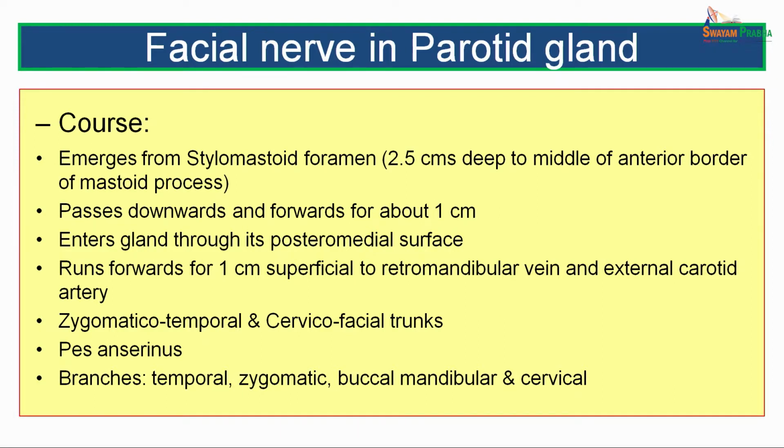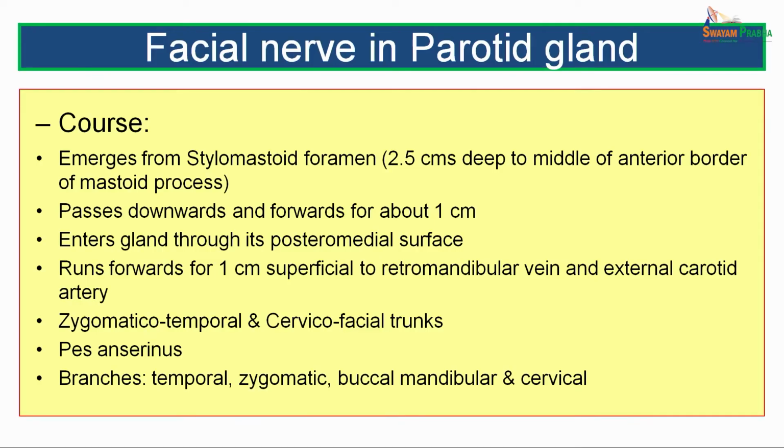So, these 5 branches of the facial nerve, the temporal, zygomatic, buccal, that is upper buccal and lower buccal, marginal mandibular and cervical, are seen radiating like goose feet, and thus this pattern is known as the pes anserinus.